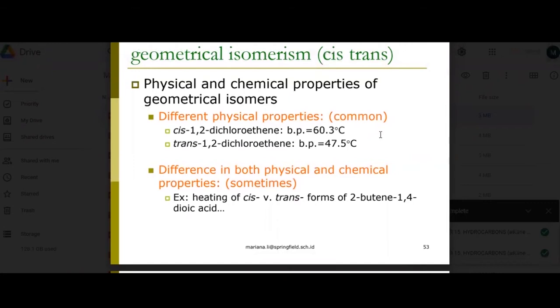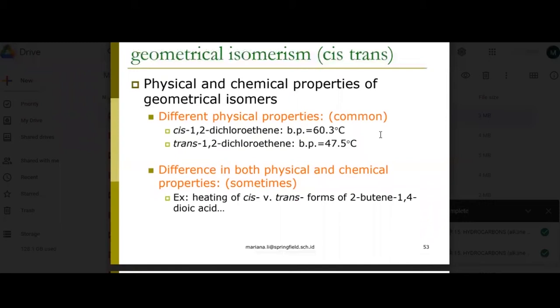The cis isomer usually has a higher boiling point than the trans one, since in the trans isomer the polarities usually cancel each other, so it has a lower boiling point compared to the cis isomer.